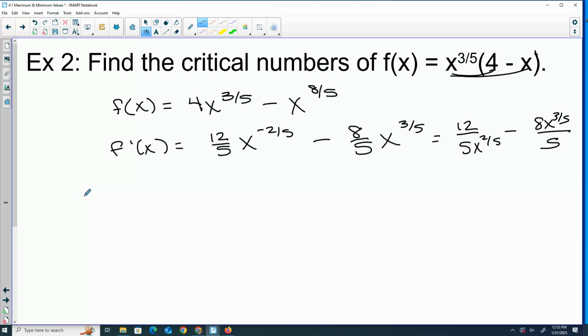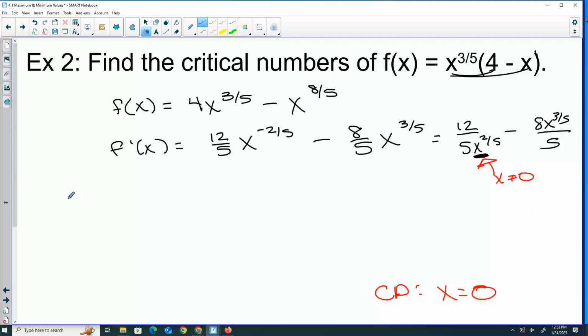Undefined is like what x cannot be. Okay, because x is on the bottom right here, can we agree that x cannot be 0? So that means my first critical point is when x is 0, because the derivative is undefined. If I plug in 0, it does not exist.